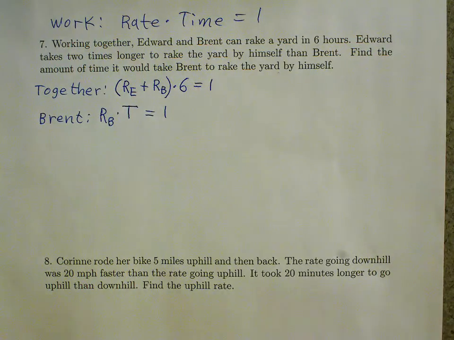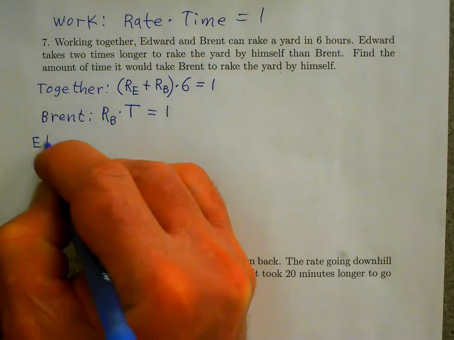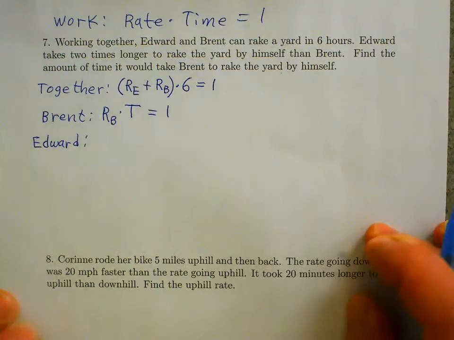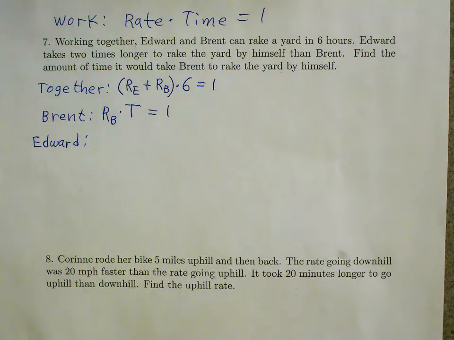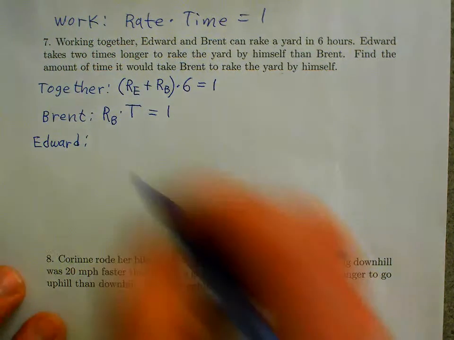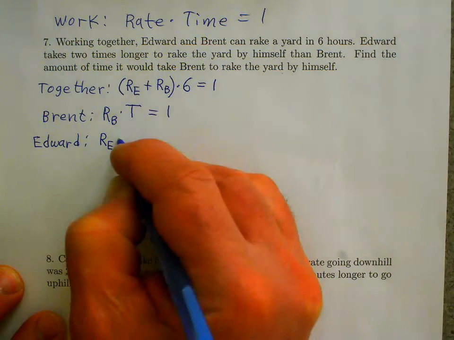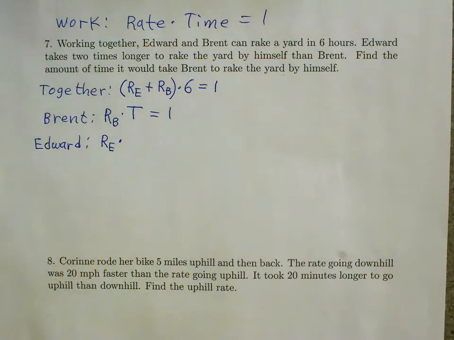Okay, what about Edward? If Edward works alone, well, Edward works at a certain rate. We can write that. Edward's rate, how do we represent Edward's time?